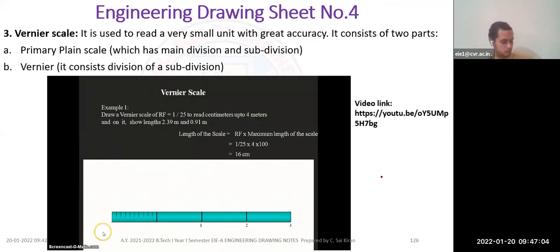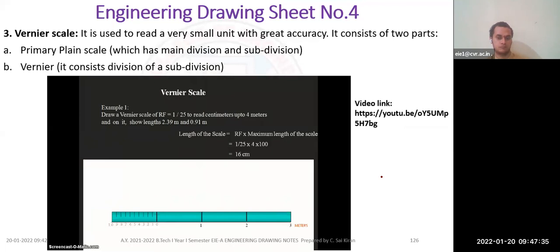Division into again 10 equal parts, which represents 0.1, 0.2, 0.3, 0.4 up to 0.9 and 1 meter. Okay, and give the numbering as 0, 0.1, 0.2, 0.3 up to 1 meter. Now, for constructing the Vernier scale, take an additional division, one extra division to the left side of the Vernier scale.